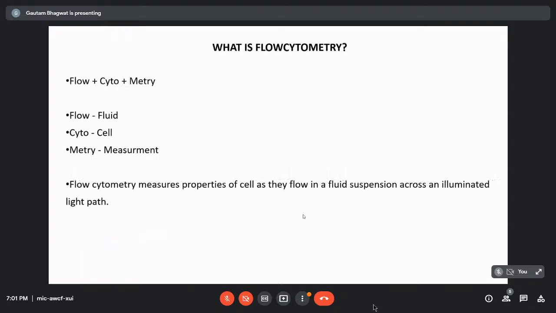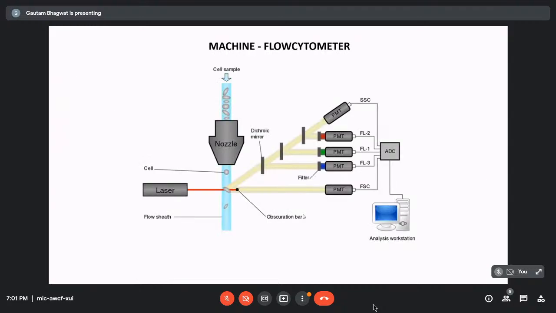So, a quick run through the basics of flow cytometry that I had taken in the last talk. Flow cytometry measures properties of cells as they flow in a fluid suspension across an illuminated light path. What happens basically is, through a flow cell, the cells go in one single file, and these cells are interrogated by the laser light at this point.